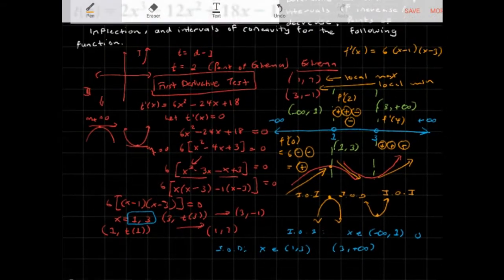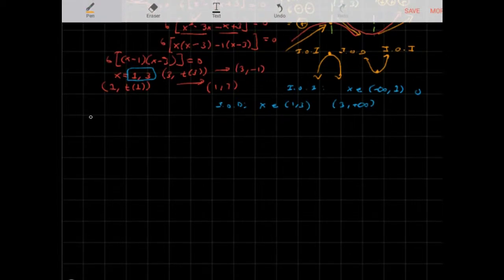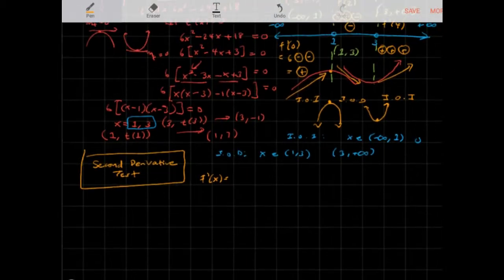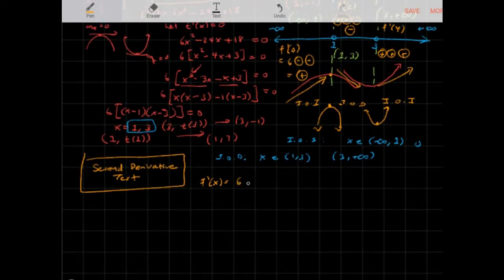I'm going to do my second derivative test. We know that our first derivative, f prime of x, is equal to 6x squared minus 24x plus 18.